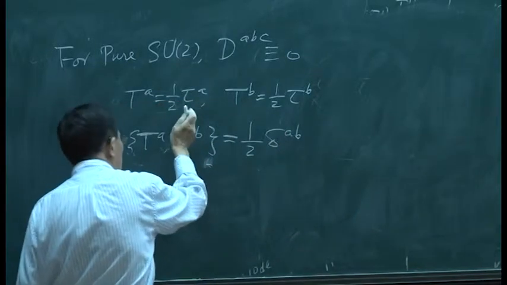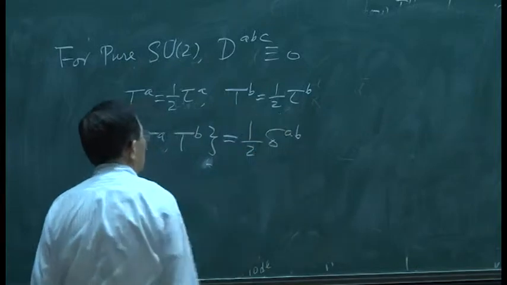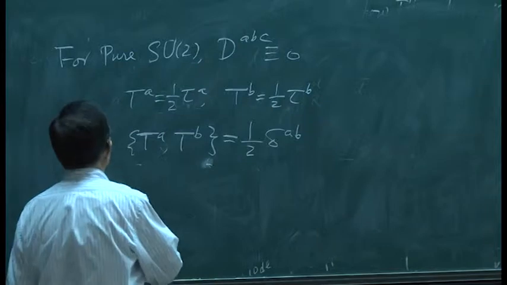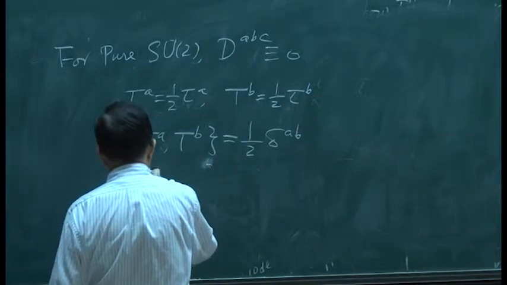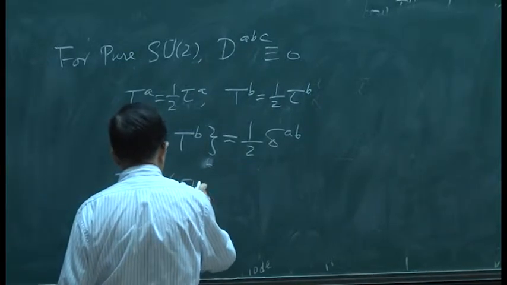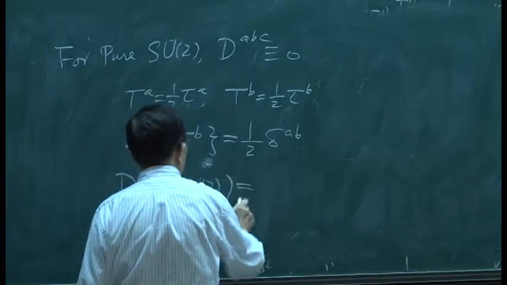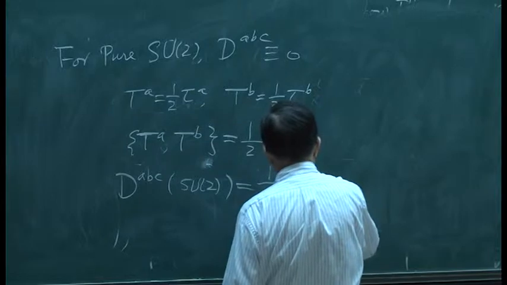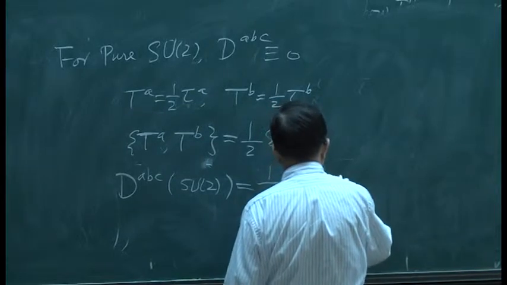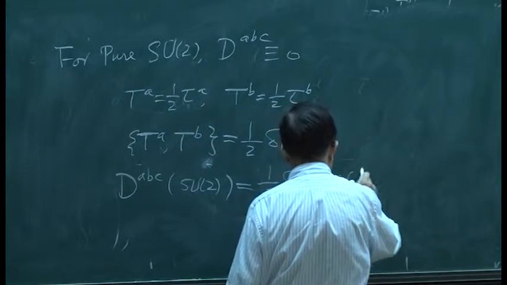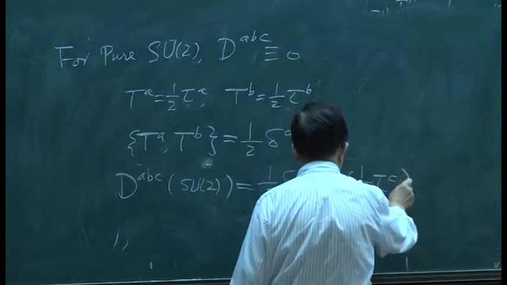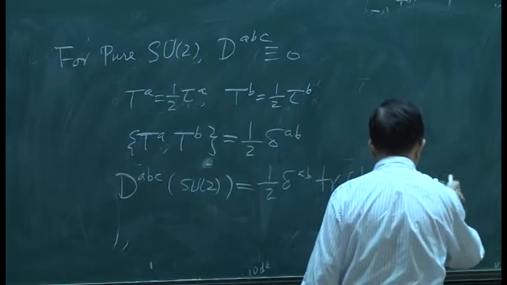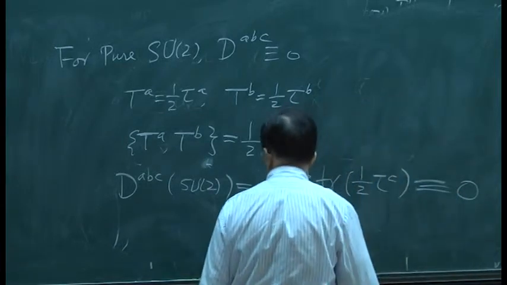The anticommutator of τ and τ is just a delta function. And then d^{ABC} for SU(2) is just equal to 1/2 δ^{AB}, and then I have a trace of 1/2 τ^C, and the τ has no trace, so this is identical to 0.